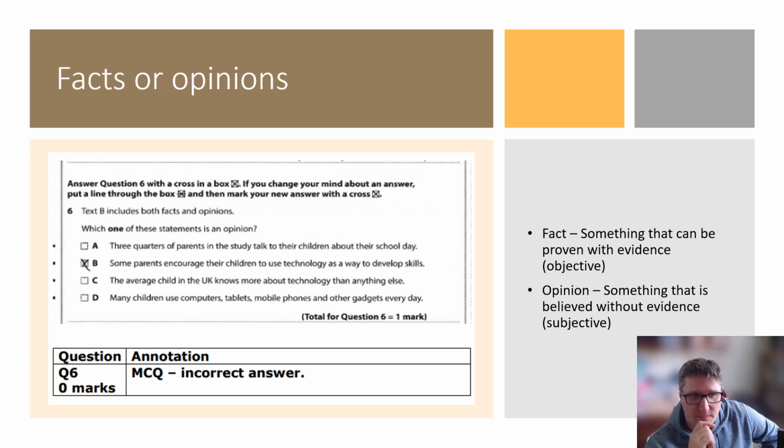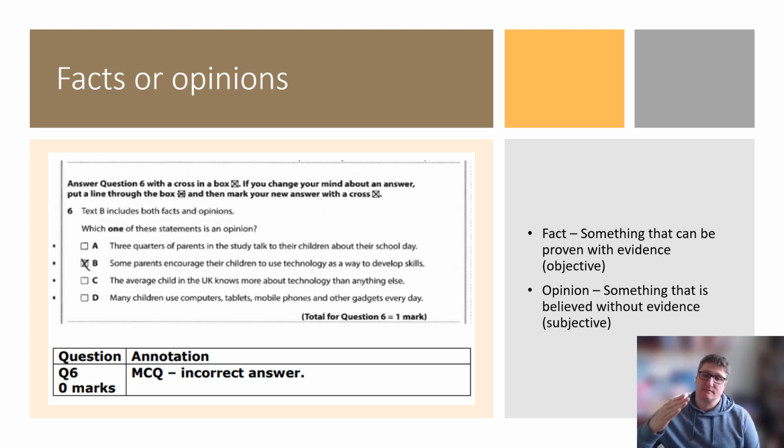Let's look at the last one. Many children use computers, tablets, mobile phones and other gadgets every day. That is something that can be tested with a very brief survey. So that is fact. You can either do it that way, say that's definitely fact, that's definitely fact, that's definitely fact, not sure about that one, therefore it's opinion. Or you can just find one that is definitely opinion.